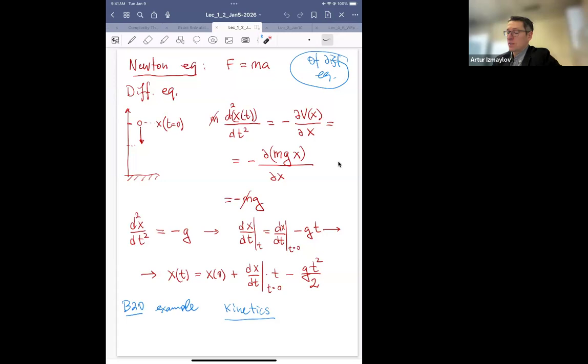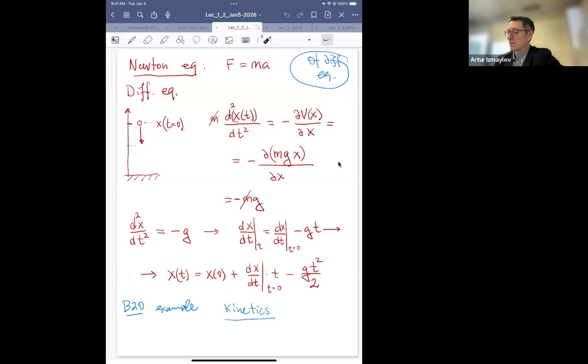When we differentiate mgx, that gives us minus mg, the minus here, right? And m can be essentially removed by cancellation, because m is on the left-hand side from ma, and on the right-hand side from the potential energy. Now we have an acceleration which is minus g.